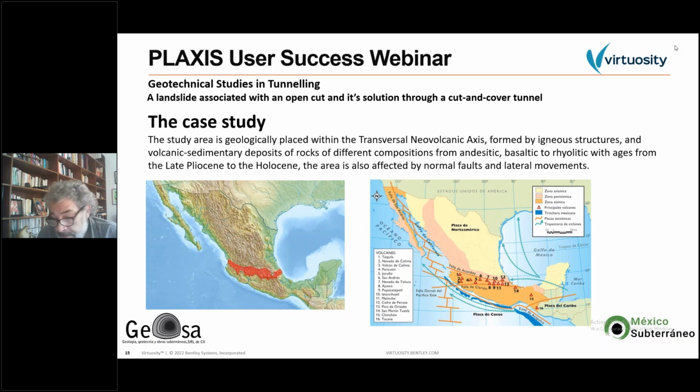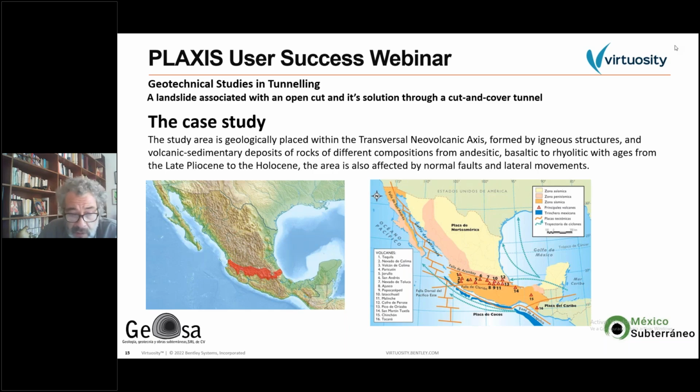So the geology and the topography are quite complex, because there are many systems and many types of geological formations, and this reality makes it very complex to design and to build geotechnical structures such as tunnels, open cuts, and bridges.